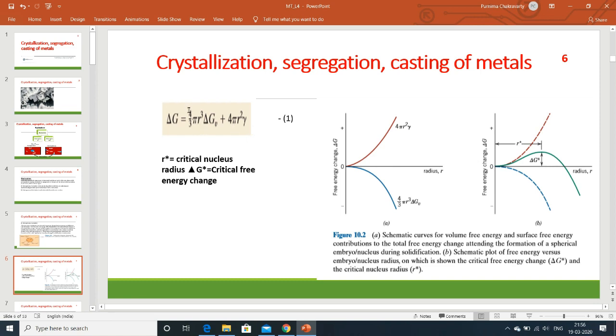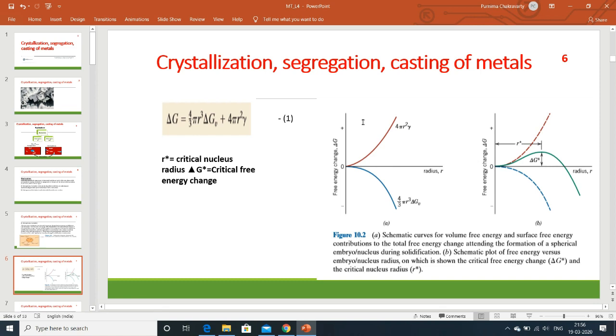The first term is the volume, 4 by 3 pi r cube, multiplied by delta G V, which is the free energy term. In the second term, 4 pi r square is the surface area, and gamma is the surface free energy term. So when we plot these terms with respect to radius, let's see how the changes come into play.